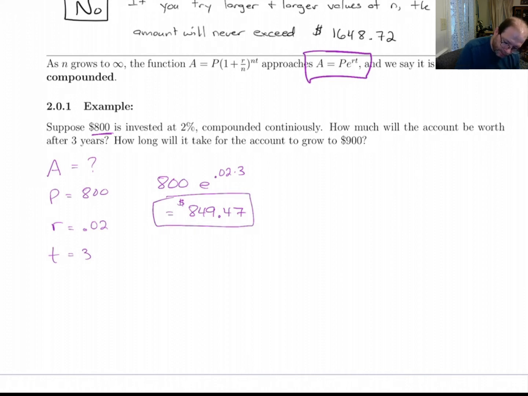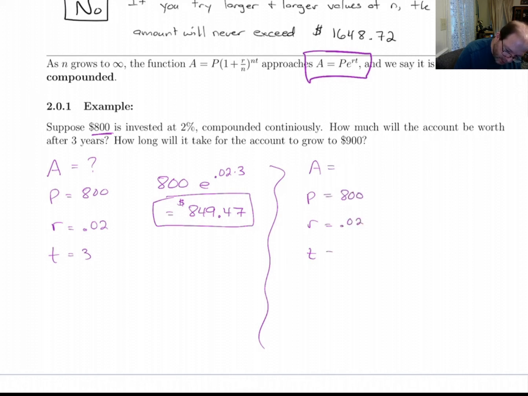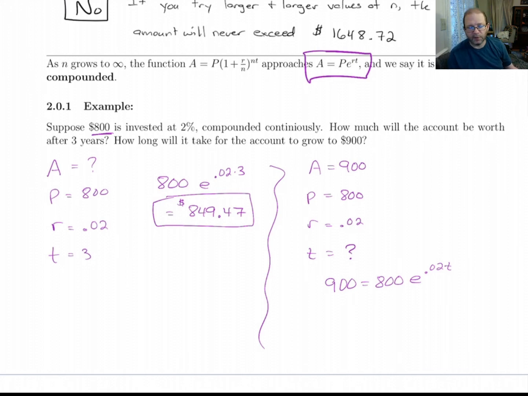All right. And now the second question, how long will it take for it to grow to 900? You're still starting with 800. The rate's still 0.02. This time we're asking, how long will it take to grow to 900? So we'll just plug in 900 equals 800 e to the 0.02t. And we've got to solve this for t.